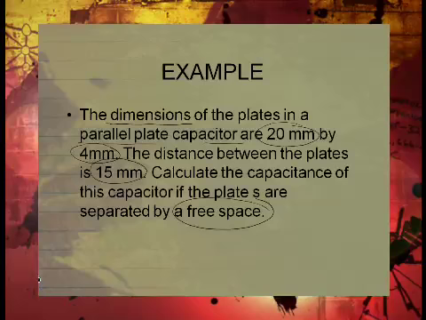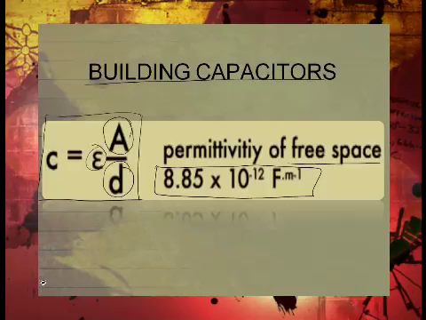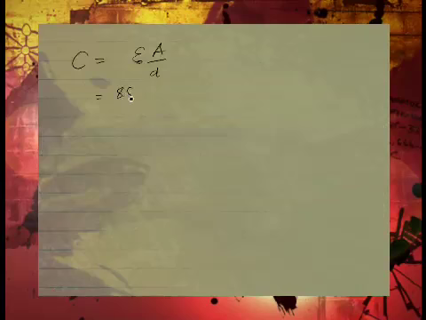Capacitance is E naught A over D. Now we are given, if we're looking at free space, what is the value of E naught? It's 8.85 by 10 to the power minus 12, actually.